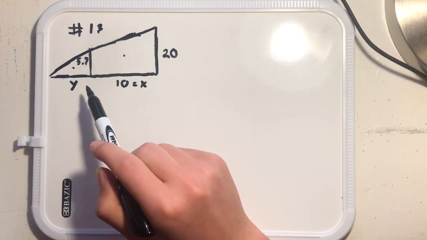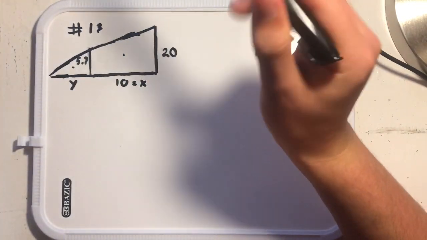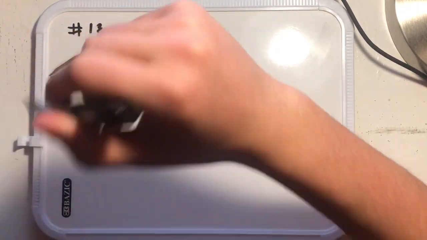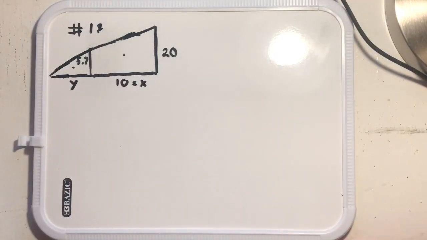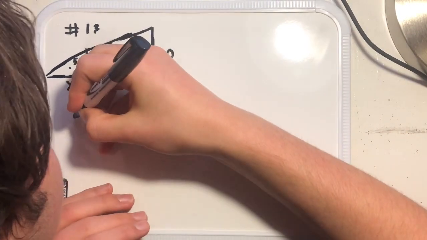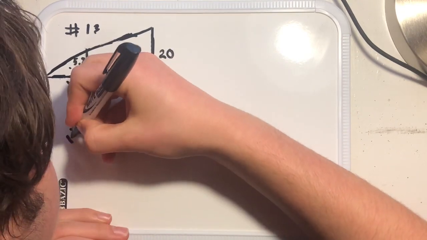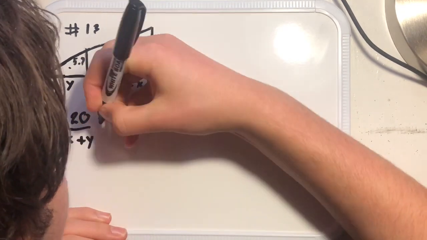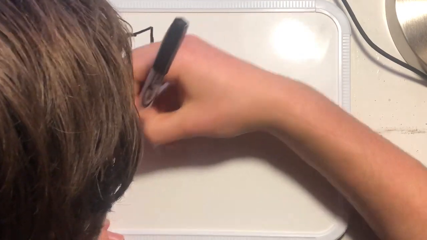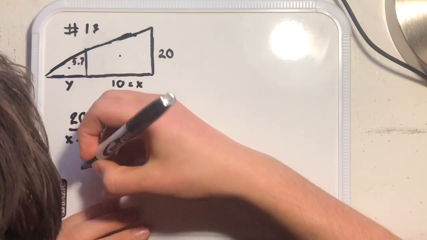And we have another proportionate triangle with a height of 5.7, i.e. Alexis, and a length of y. So I'm going to create a proportion between the two: 20 over x plus y equals 5.7 over y. So I'm going to cross multiply.